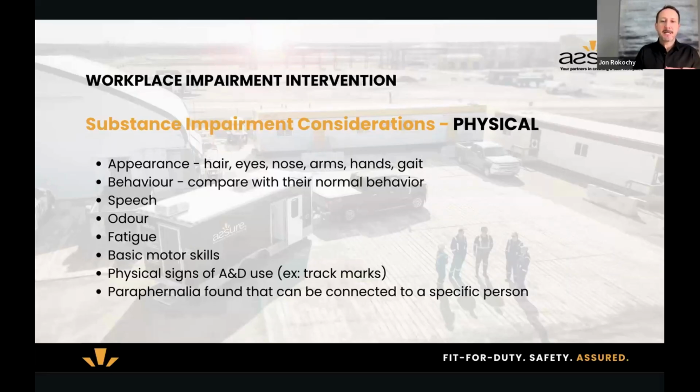If it's found in a common area, like a staff room, then maybe you can't pinpoint it to a person. Some companies have said, we're going to request a reasonable cause drug and alcohol test on every worker that has been in that staff room today, or since we can verify that thing wasn't there.